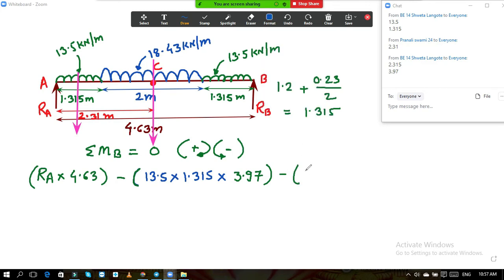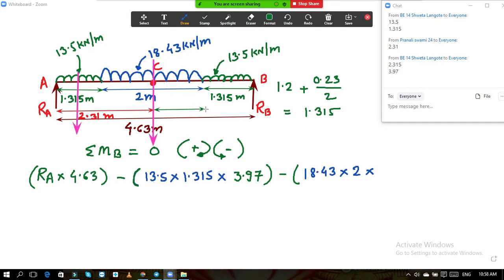So what is the moment? It is first conversion of UDL into the point load, into 2. Okay, into, now we will consider the lever arm. So what is the distance? So calculate the distance of this force from point B. Okay, so if we want to calculate it from point B, first of all we must be sure about this distance, how much is this from this point to this point.